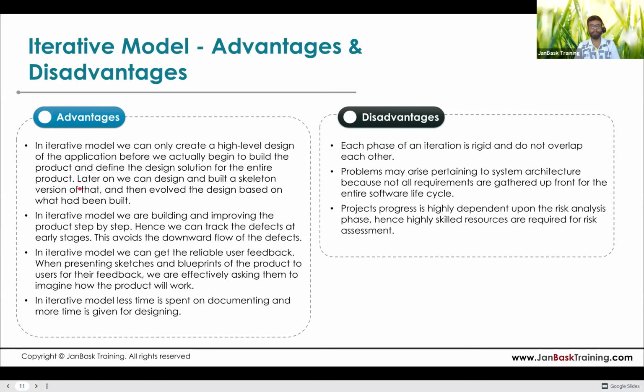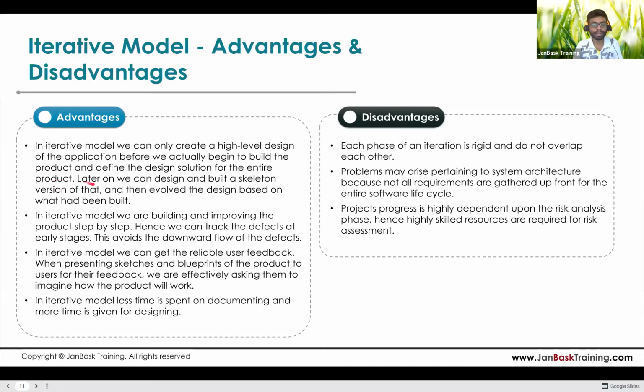Now if the customer is happy with what they're seeing and says, okay, this is good, we can go ahead with this, then on top of that prototype the low level designing and low level architecture is done, and then the coding is done, and then again it is tested and demoed to the customer.